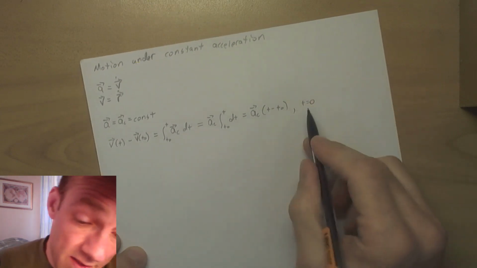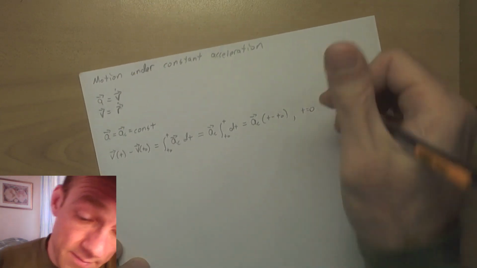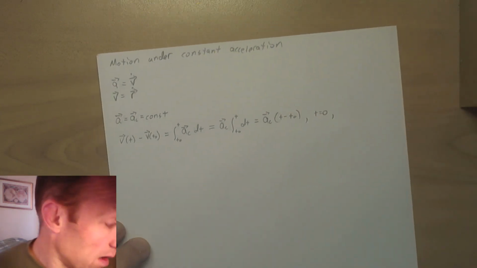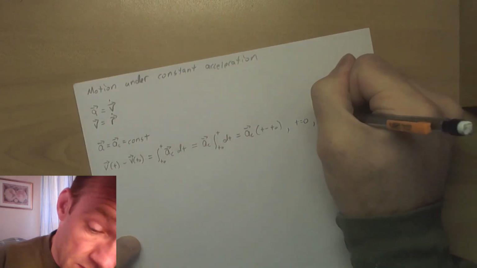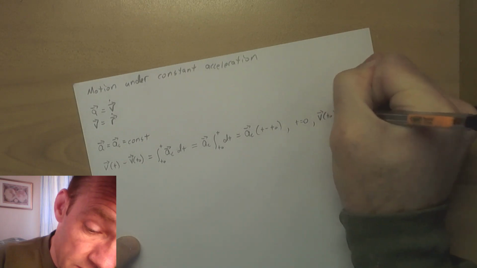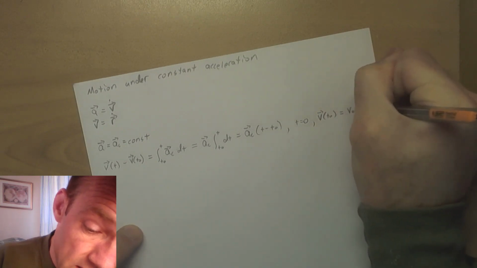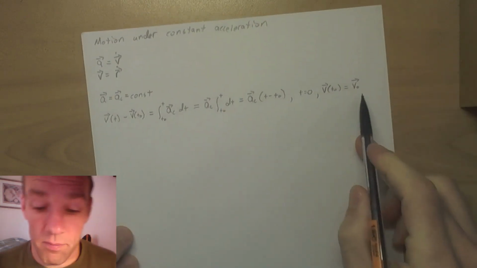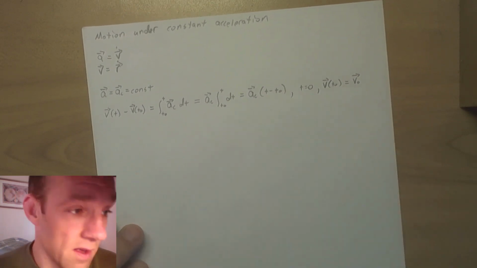So we're going to set t0 equal to 0 and introduce a shorthand so that the velocity at time t0 is just going to be v0, or v naught.